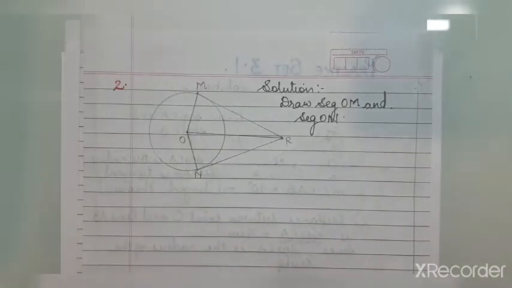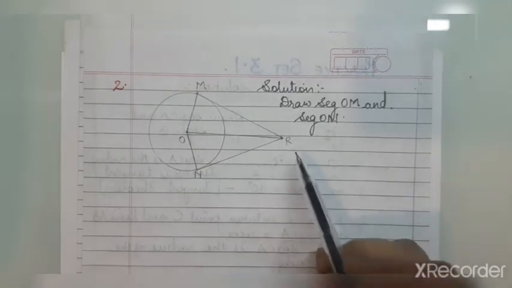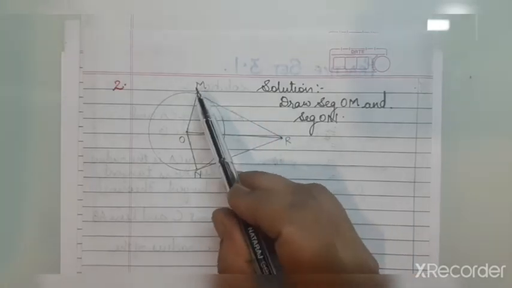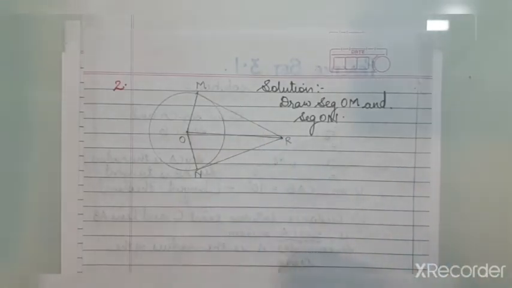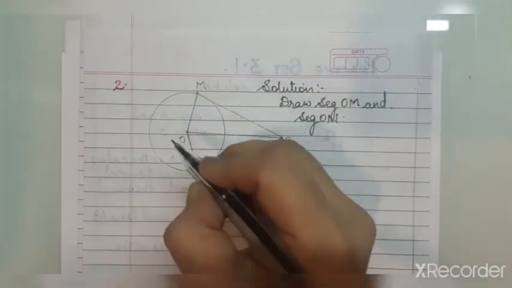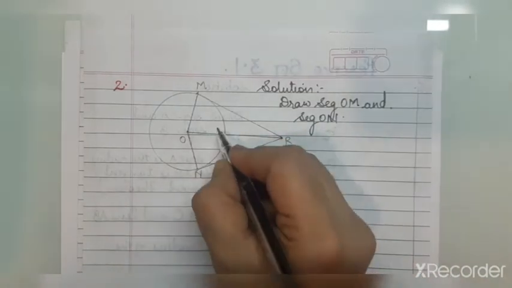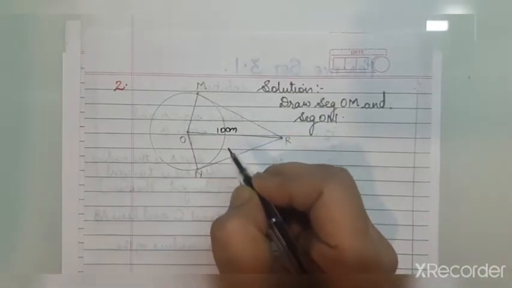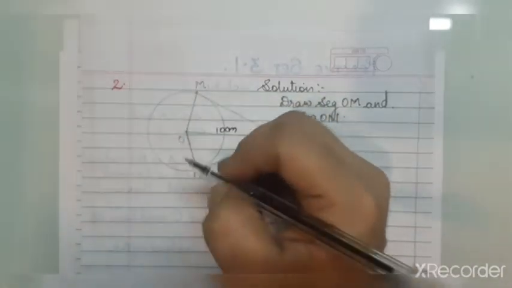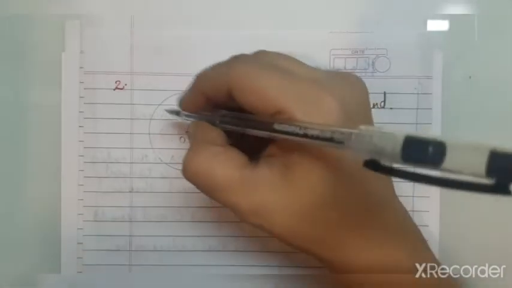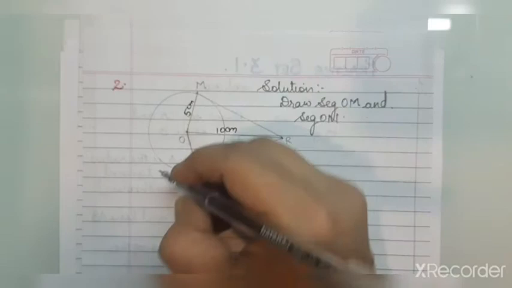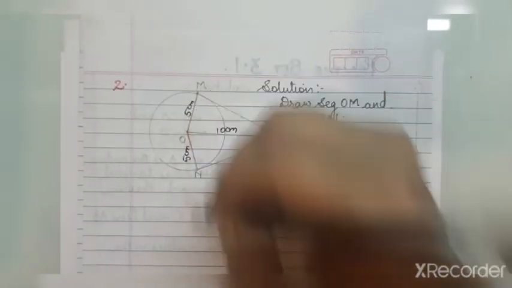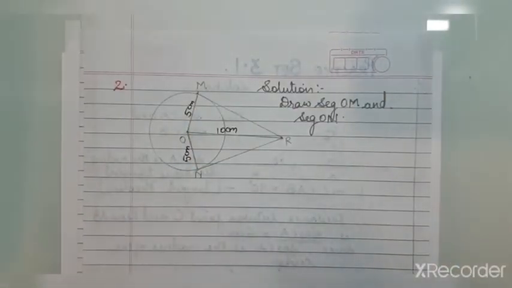Now we have studied the theorem of tangent segments, that the tangent segments are congruent. So whatever the length of RM will be, that will be the length of RN. Now they have given OR as 10, and they have given the radius as 5 centimeter, so both OM and ON are 5 centimeter.